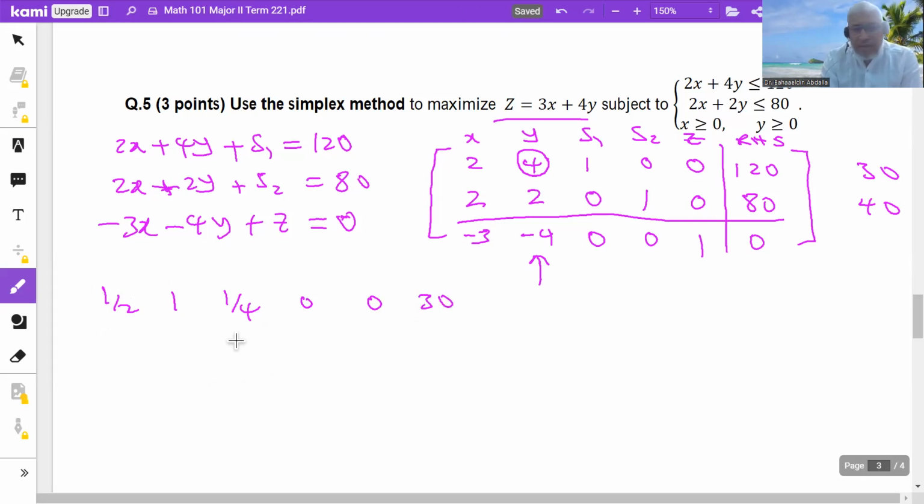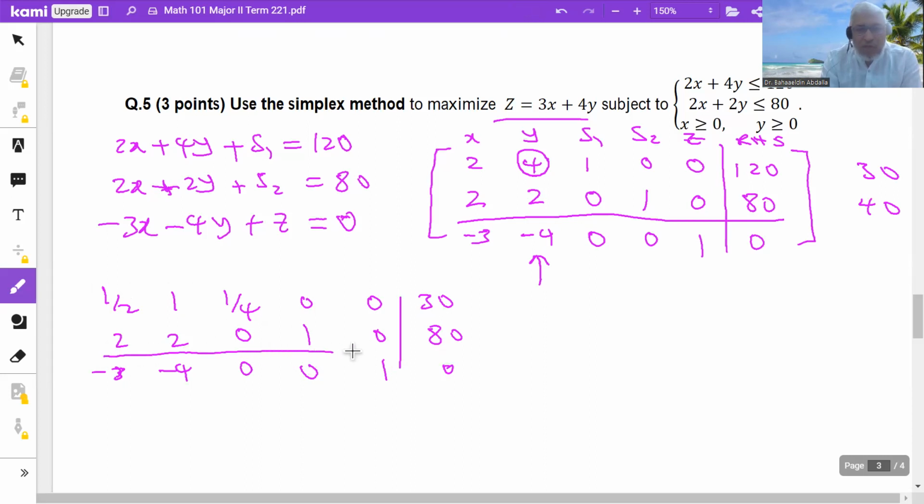The second line stays as it is: 2, 2, 0, 1, 0, 80, and the last row is negative 3, negative 4, 0, 0, 1, 0. Now we need to use this row to change 2 and negative 4 to zeros.